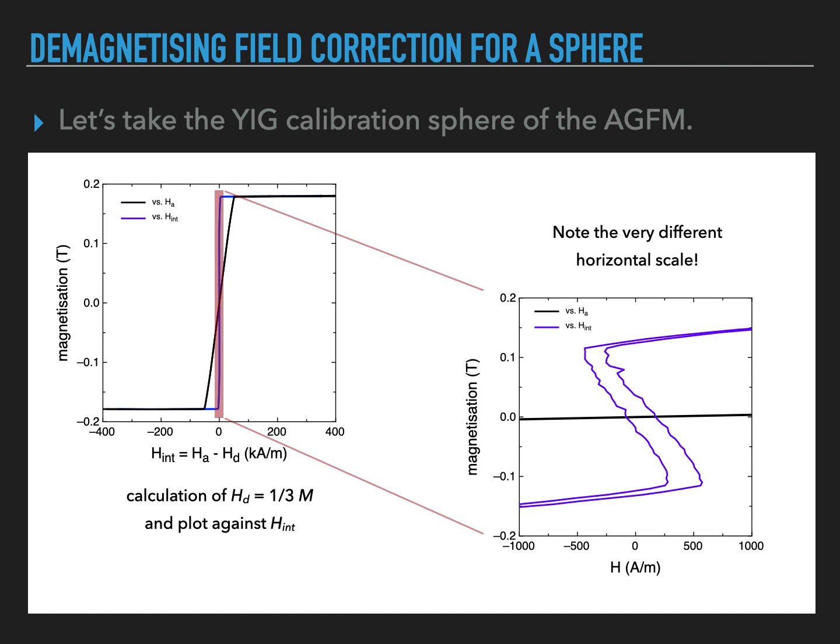As soon as you are leaving the saturated state, that formula is no longer perfectly valid, and you must revert to numerical methods in order to have a better estimate of the magnetizing field.